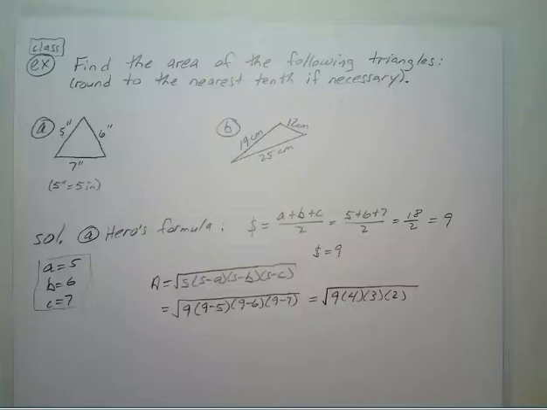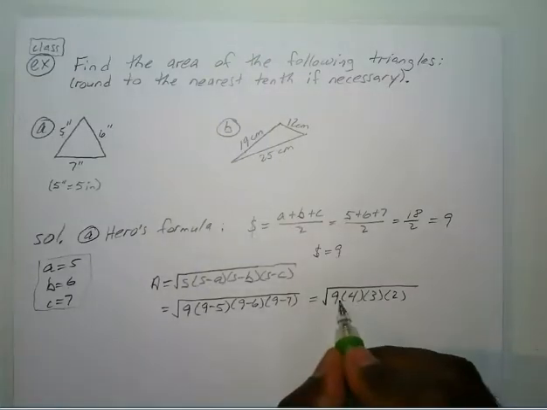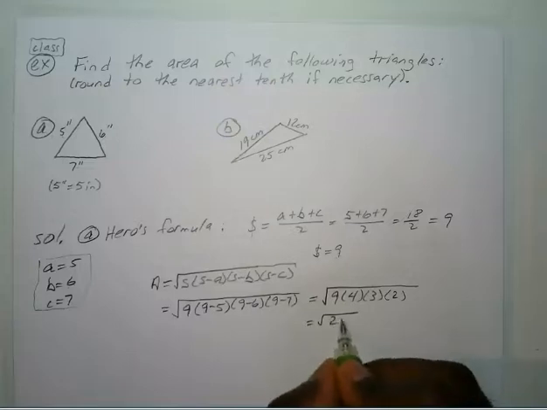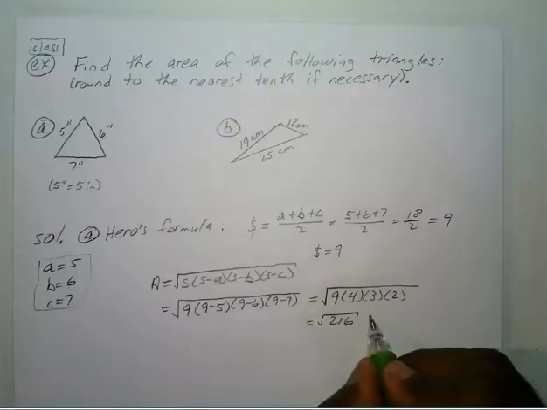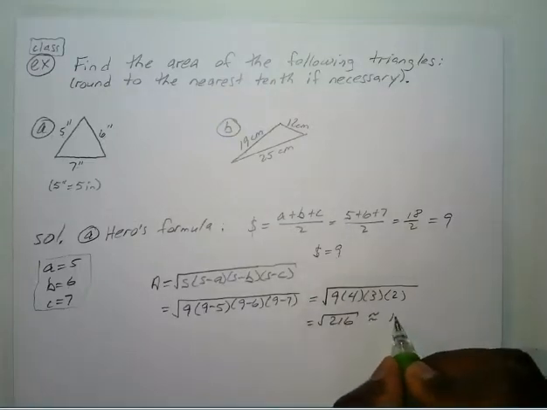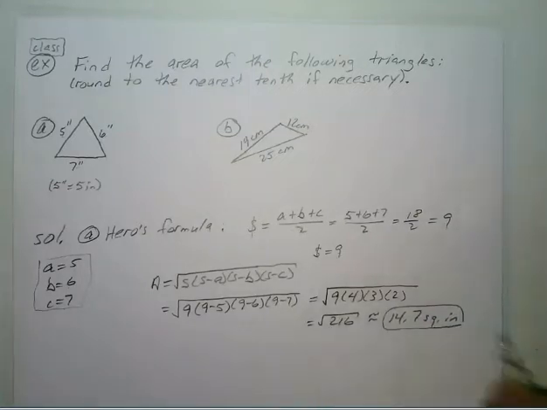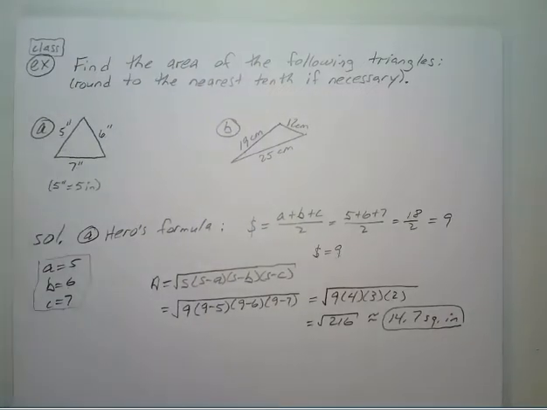All right. So 9 times 4 times 3 times 2 is 216. So you have the square root of 216, which is approximately equal to 14.7 square inches. Okay, so that's the area inside of this triangle.